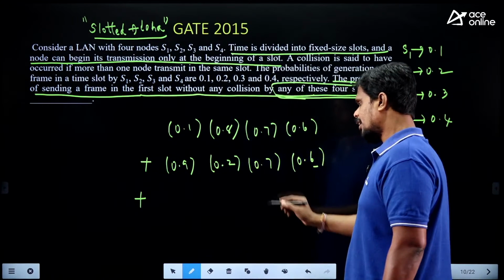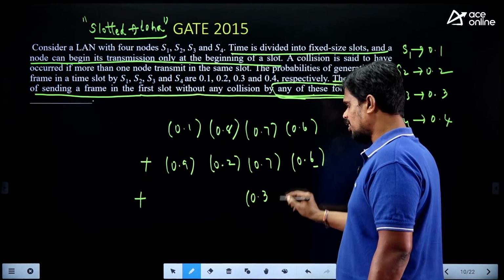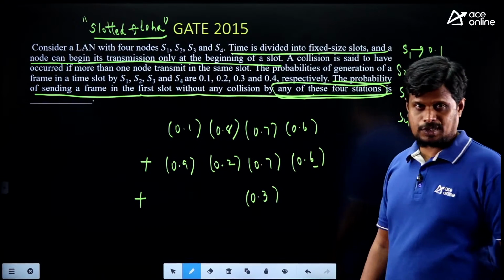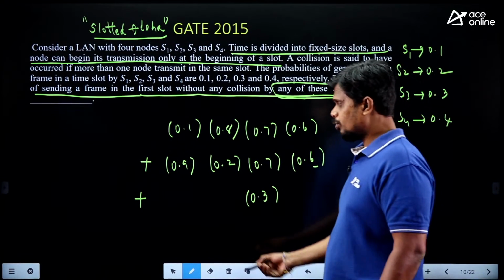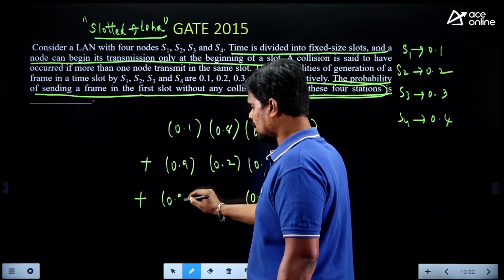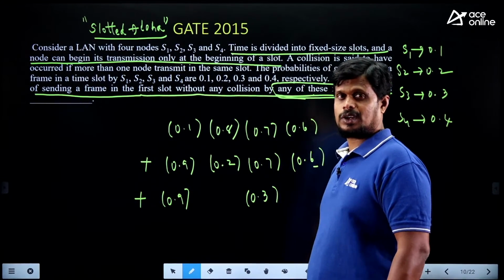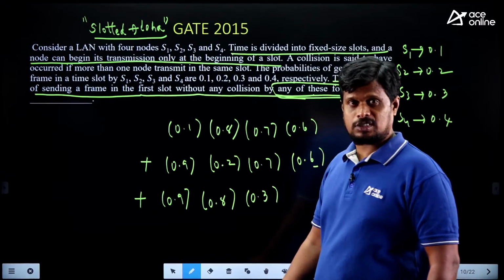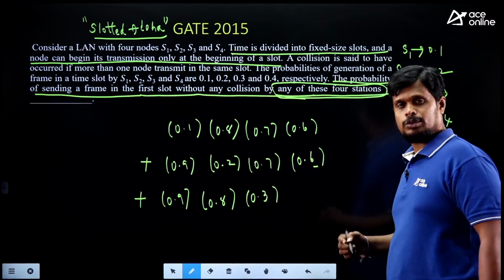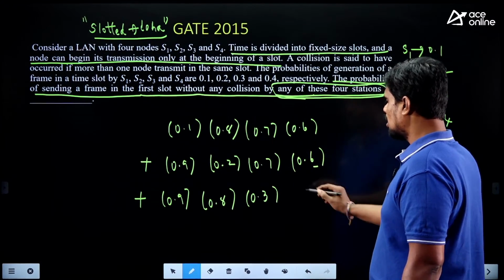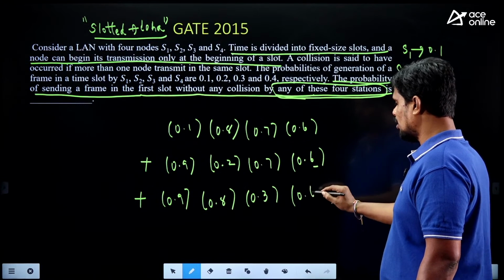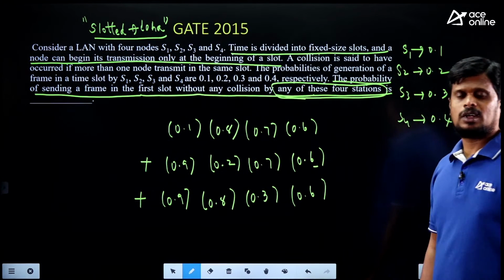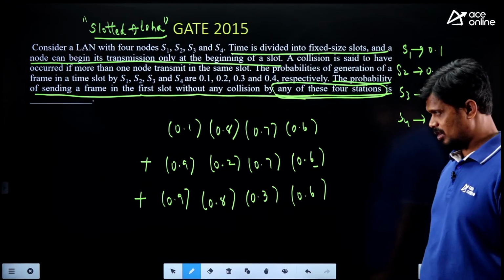So if you consider S3, this is the probability for S3 to generate the frame. But S1 should not be allowed, which means 0.9 is the probability for S1 not sending. 0.8 is the probability for S2 for not sending a frame in the first slot, and S4 we should not allow, so the probability for not sending a frame by S4 is 0.6.